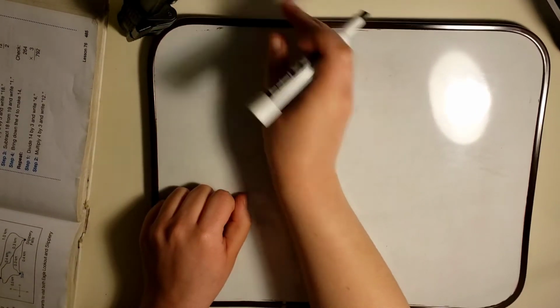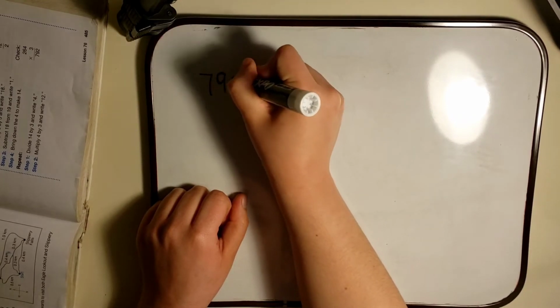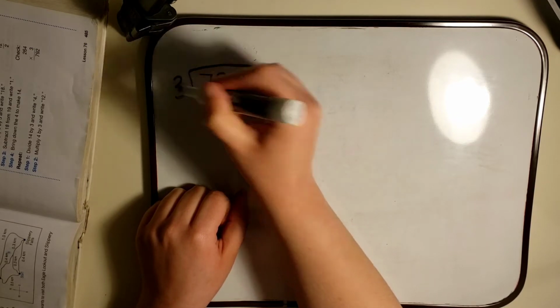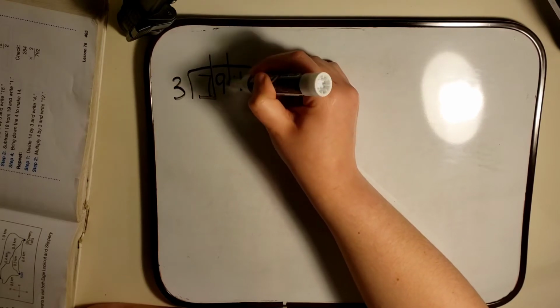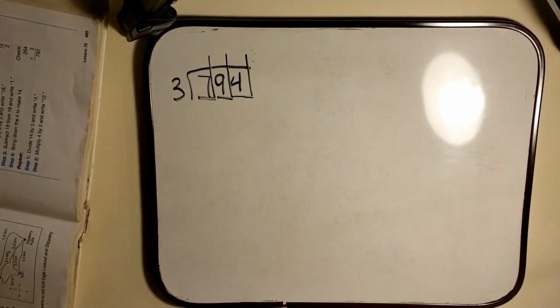Actually, hold on. I'm going to write it a little bigger. 794 divided by 3. Now I'm going to kind of do this so we can make these place values make sense.